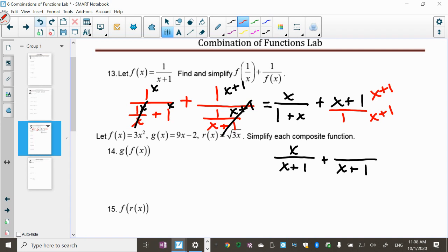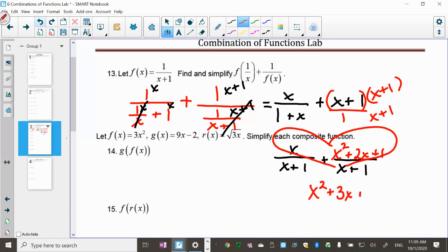And when I multiply that out, it's binomial times a binomial. I have x squared plus 2x plus 1. X squared plus 1x plus 1x plus 1. Now my denominator is the same. They're in love. I can combine the numerator. So I end up with x squared plus 3x plus 1 all over x plus 1.